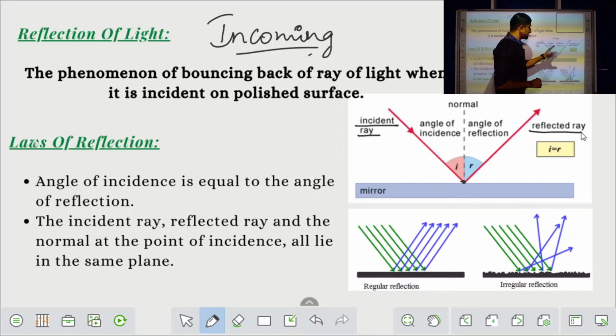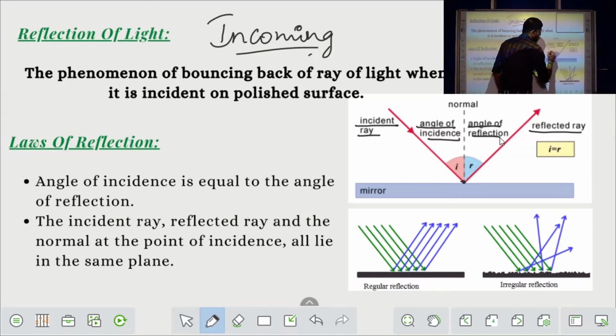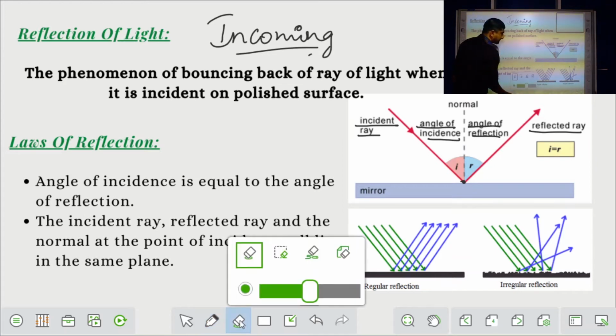When a lot of research was happening, people started thinking we should find the angle also. Then it would be very easy for us to understand what reflection is, and we can make a difference between reflection and refraction. That's how we got angle of incidence and angle of reflection. What is the angle of incidence?